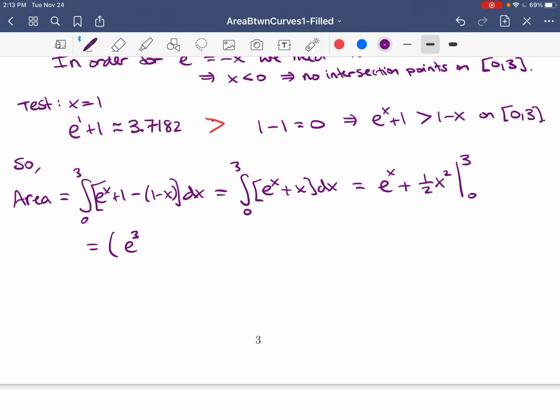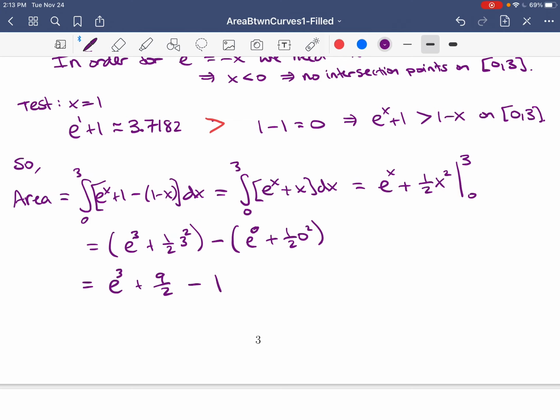So I plug in 3 everywhere. So that's e to the 3 plus 1/2 times 3 squared, minus e to the 0 plus 1/2 times 0 squared. So this is e to the 3 plus 9 over 2. And then minus, now you might be tempted to say this is 0. But e to the 0 is a 1.